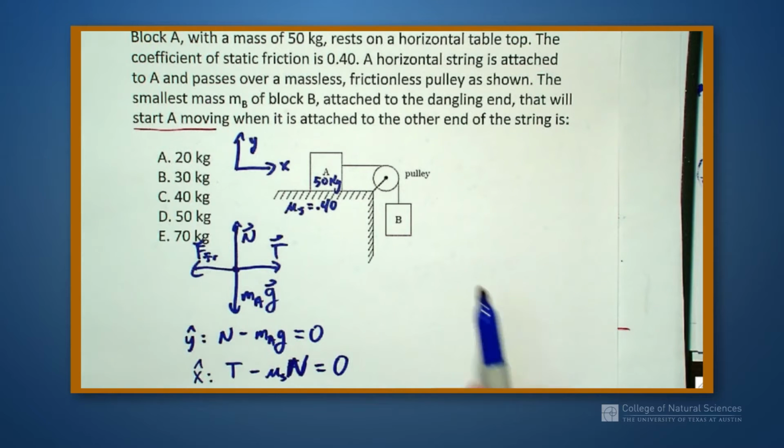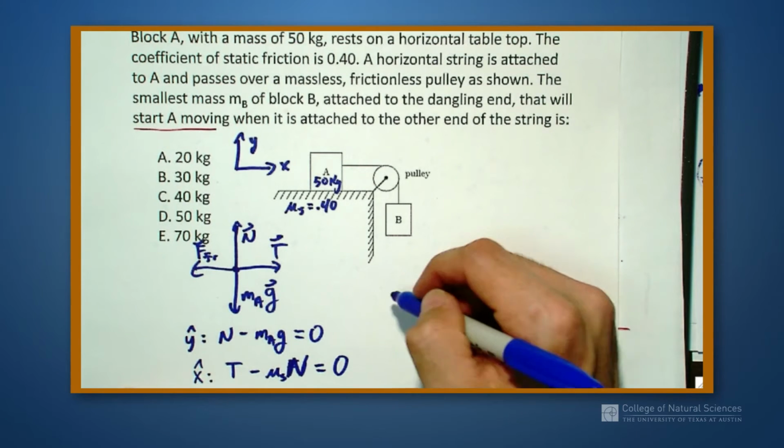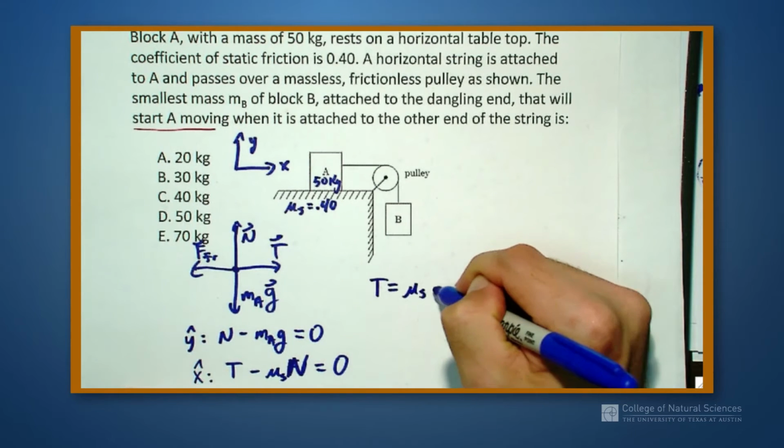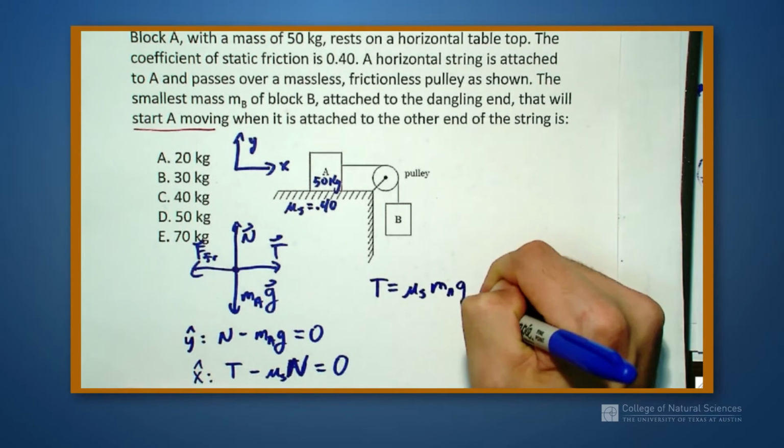What's the most mass we can put on B where it doesn't move? So that's the most tension we can put where we are right at the limit of static friction, at the maximum value. Which means that my tension force has to be equal to mu s m A times g.